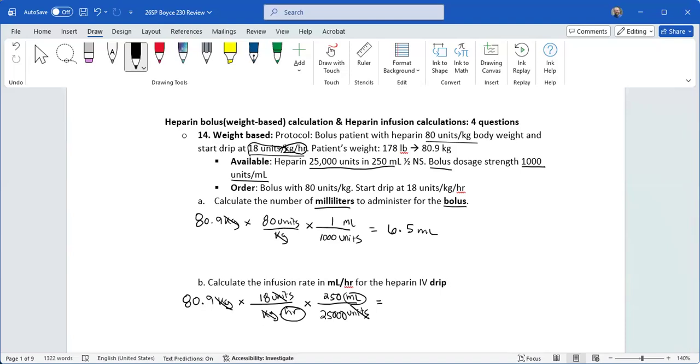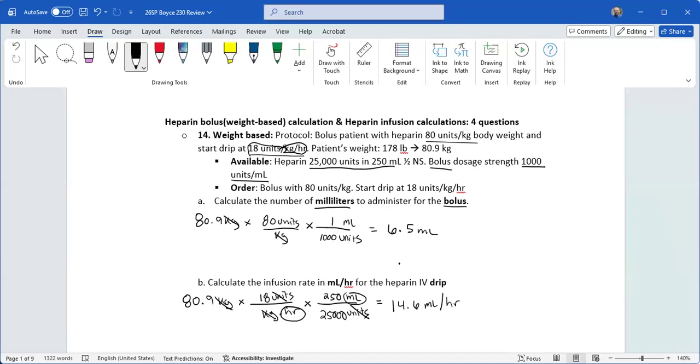So I'm going to take the 80.9, or kg, I'm sorry, times 18 times 250 divided by 25,000. I'm going to get 14.562, which we're going to round to 14.6 ml per hour.